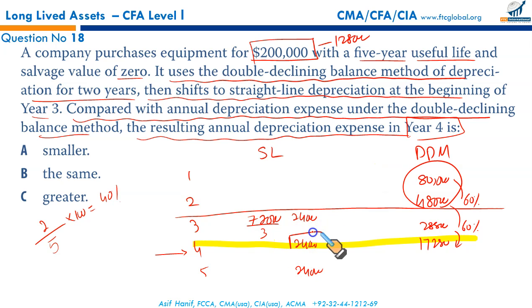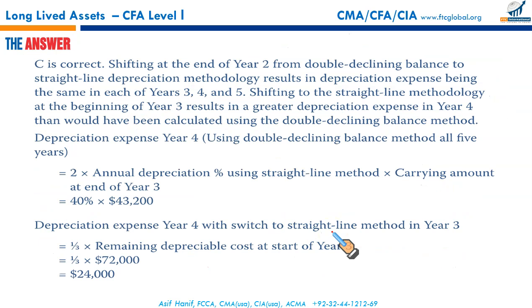Under straight line method, the 4th year depreciation will be 24,000. Under double declining balance method, the depreciation would have been 17,280, which clearly means straight line depreciation will be greater than the double declining balance method. So that gives you C to be the correct option, and the numbers support your result.